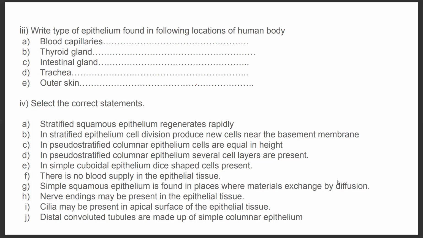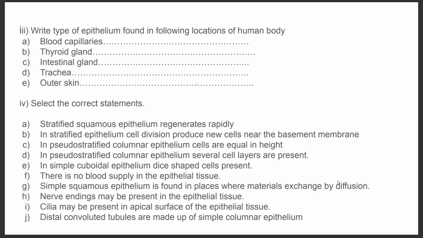E, in simple cuboidal epithelium, cube-shaped cells are present. Yes, that is correct. That's why they are called simple cuboidal. F, there is no blood supply in the epithelial tissue.